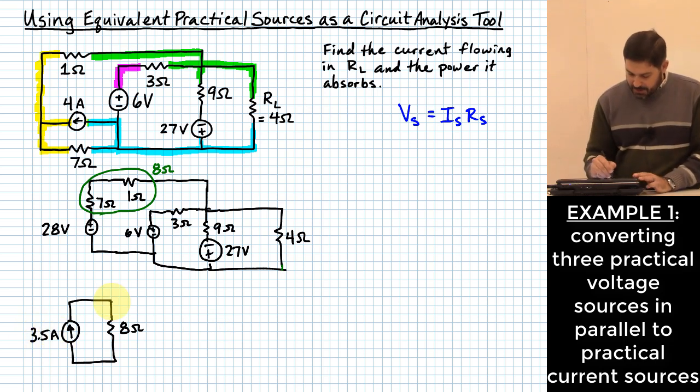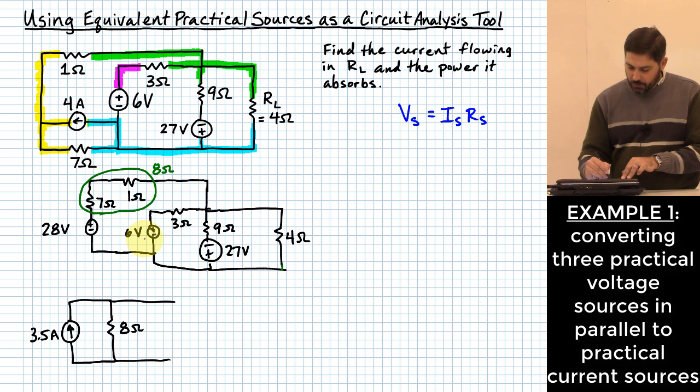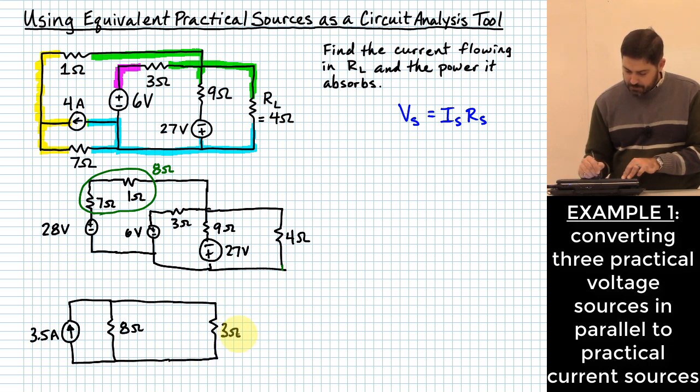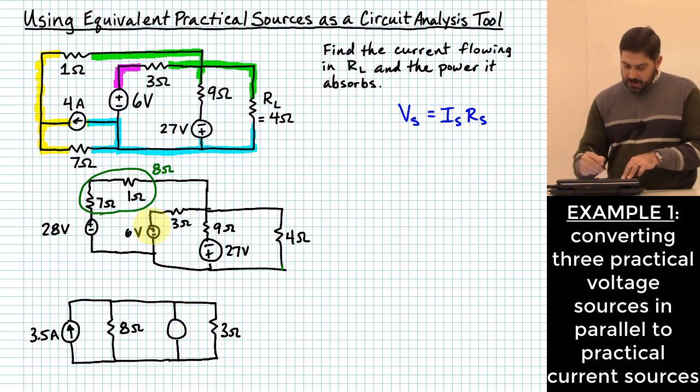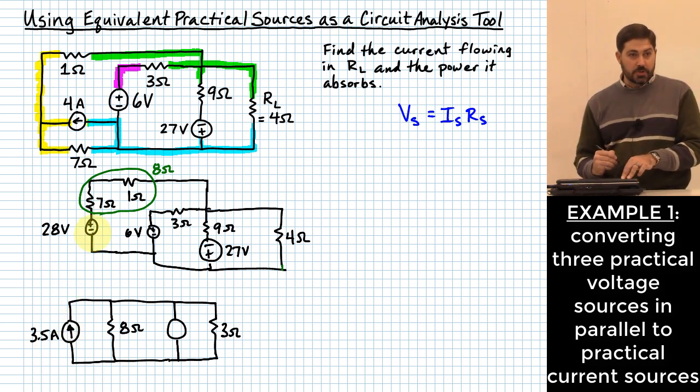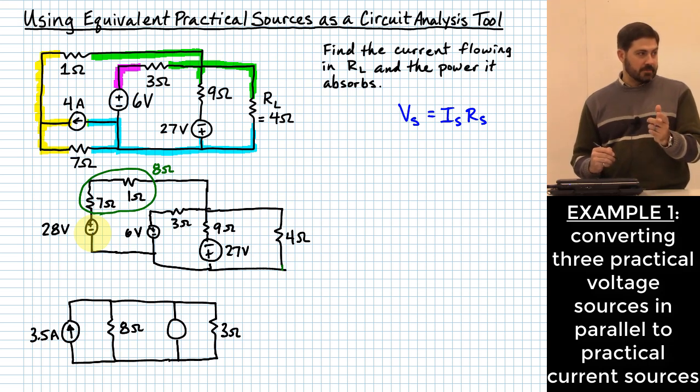Now this is going to be in parallel with another practical current source. There I've got my 6 volt source with a 3 ohm resistor. I keep the 3 ohm resistor and add an ideal current source in the same direction. I didn't mention that on the last one: the direction of the arrow has to match the polarity of the voltage source we are replacing.